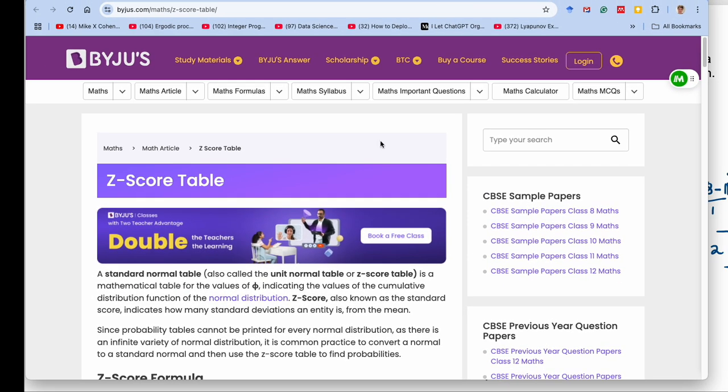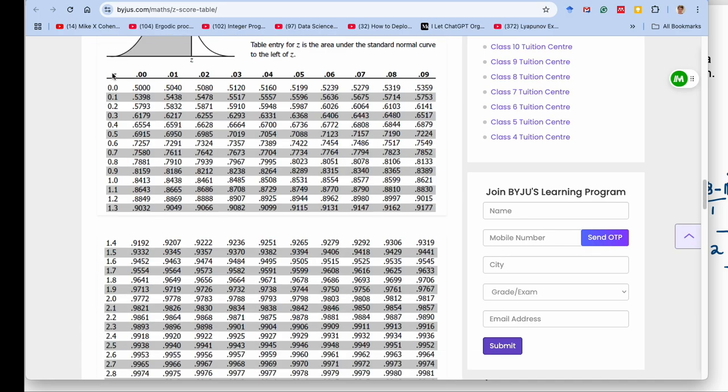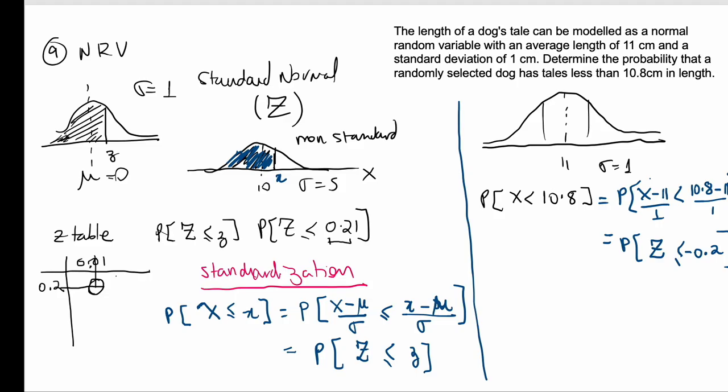So it's a z table like this, where you can look at the z-scores, you don't have a negative one, right? So we stopped here at p of z less than minus 0.2.